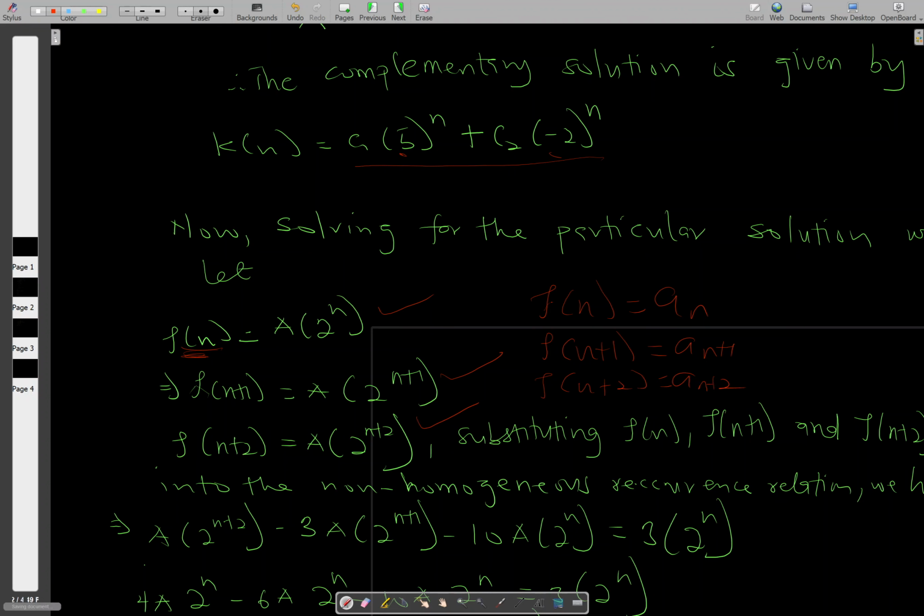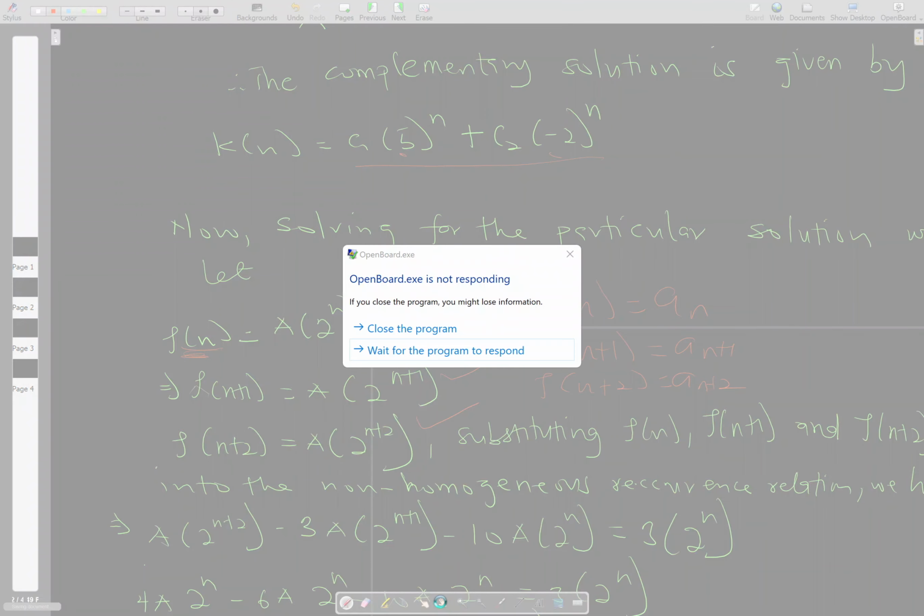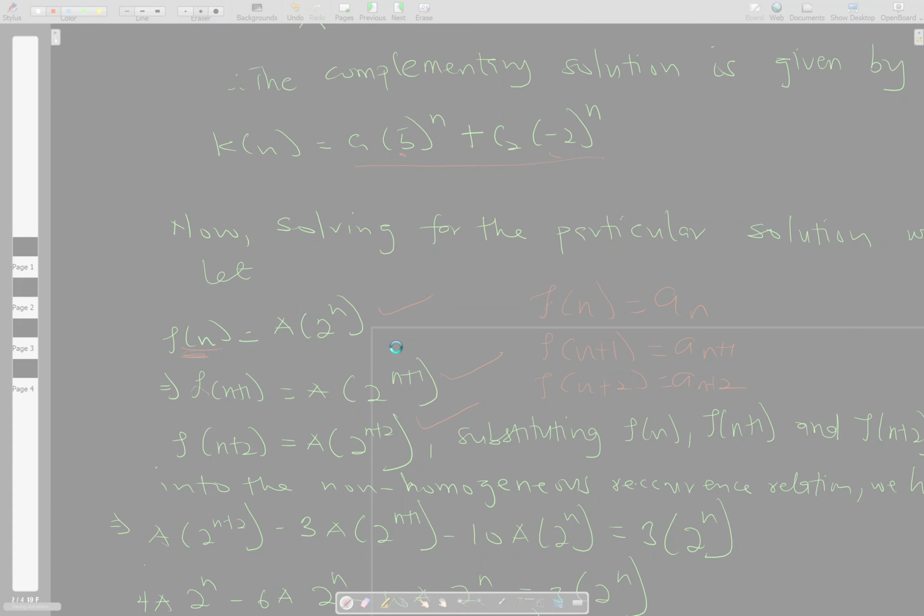So when we do that, we obtain this equation: a times 2 exponent n plus 2, minus 3a times 2 exponent n plus 1, minus 10a times 2 exponent n, equals 3 times 2 exponent n.